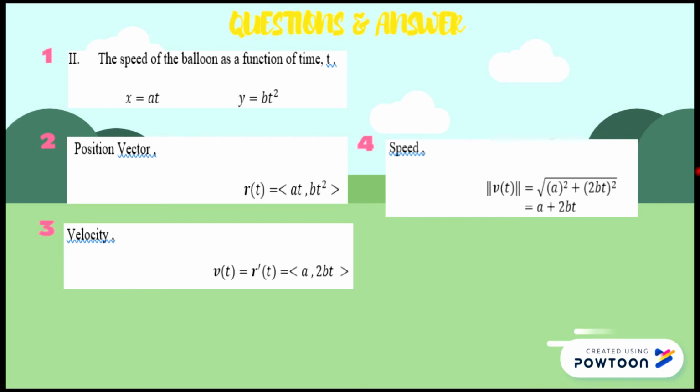If we write the general equation, we get the square root of x squared plus y squared. So the answer is the square root of a squared plus 4b squared t squared.